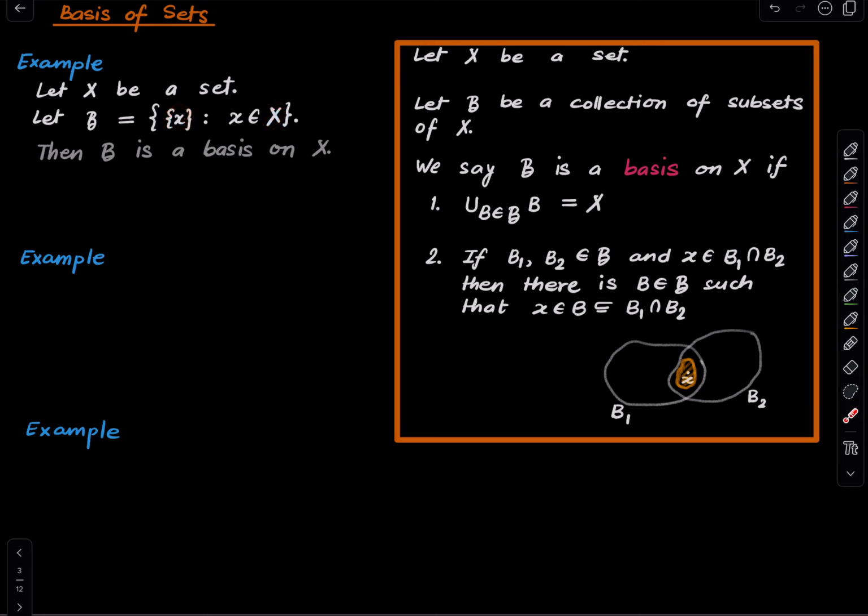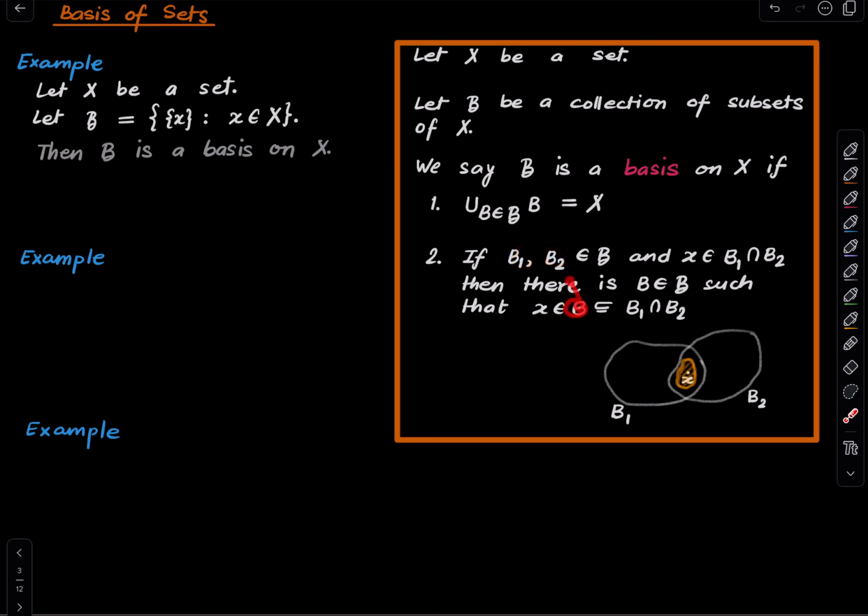And the second condition is somewhat vacuously true. If you choose two elements in this collection which have a non-empty intersection, then since each element is a singleton, you are forced to choose B1 and B2 to be the same. The only way two things here intersect is that they are the same. And then how do you find the set B once you have found B1 and B2 which intersect?